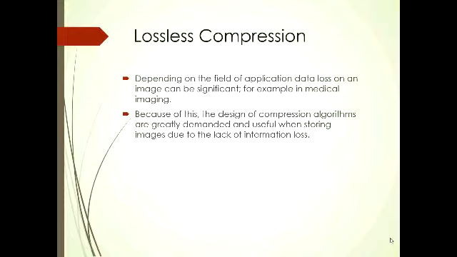For example, in medical imaging, we need every piece of data of the image that can be significant, because if we don't do this correctly, we won't be able to locate certain spots or certain pathologies inside a medical image. And because of the complexity of the lossless compression algorithms, they are greatly demanding because of the lack of information loss.